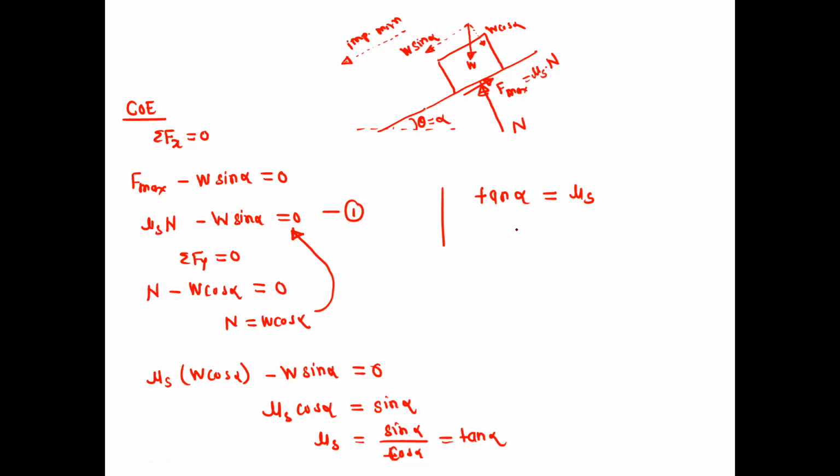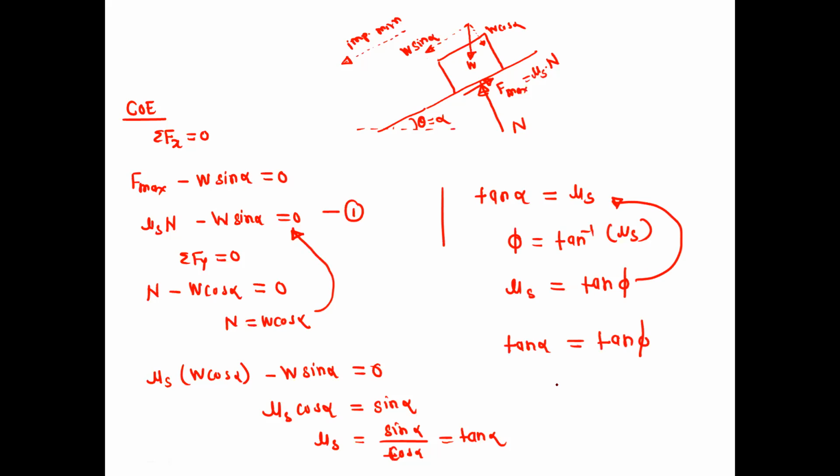And we know that phi is equal to tan inverse mu s, or we can write mu s is equal to tan phi. So put this value in this equation. We will have tan alpha is equal to tan phi, and from this alpha is equal to phi.